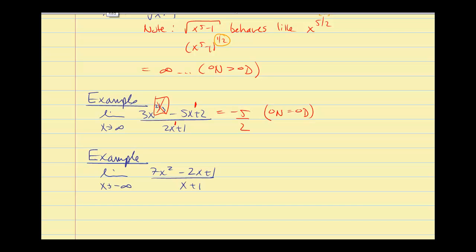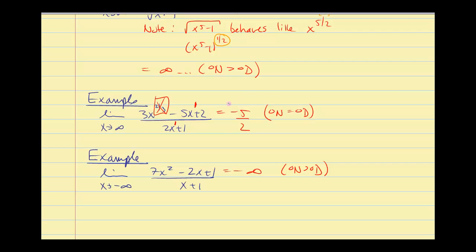So that tells me right away that my answer is either going to be positive or negative infinity. And x squared divided by x is x. If I plug negative infinity in for x, I get negative infinity for my answer. So in terms of a horizontal asymptote, I don't have a horizontal asymptote because my limit doesn't exist. My limit is negative infinity.